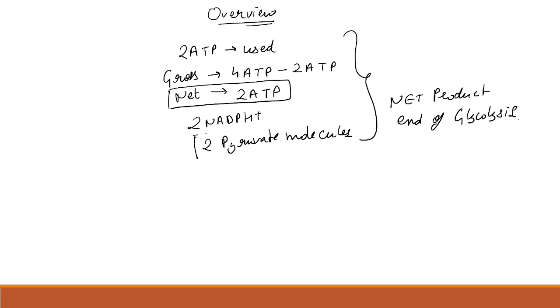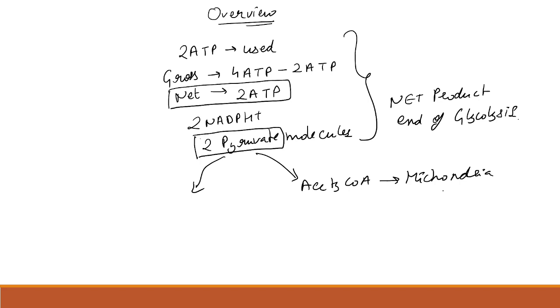Now what is going to happen to this pyruvate molecule? Either it will get converted into acetyl coenzyme A and will enter the mitochondria, and in the end it will generate energy, that is ATP. But this step is possible only in the presence of an oxygen molecule.